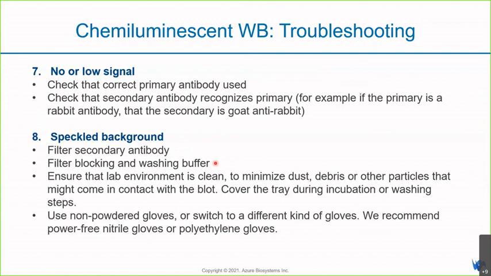I would recommend, if you have enough resources, try to prepare fresh secondary antibody, blocking and wash buffer every single time, just to ensure that this will not be causing you an issue later on, because at the end of the day, Western blotting takes a lot of time and your sample might be precious as well.